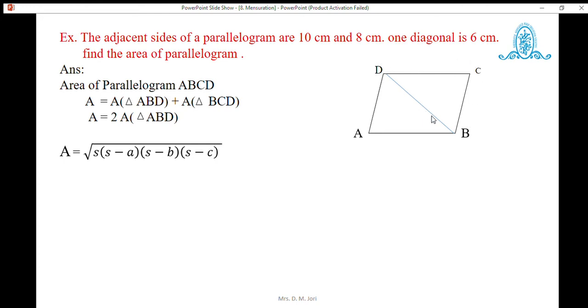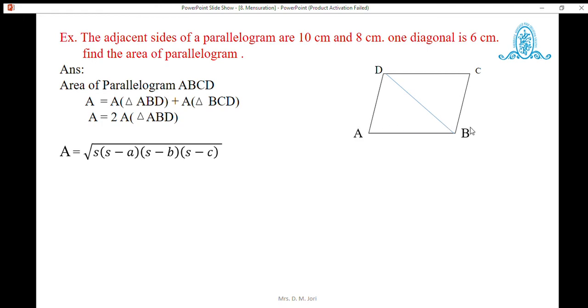So find out their areas separately and just add them. It will give you the area of parallelogram ABCD. But it can be further equal to 2 times area of triangle ABD, as it's a parallelogram, parallel sides are equal, correct?